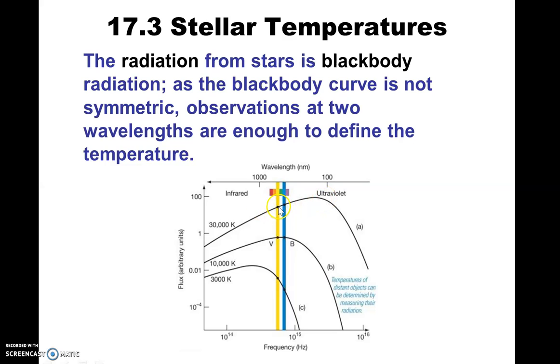It's much simpler to just filter the light, the visible filter and the violet filter, and then use that to give you what this curve will be. All right, so anyhow, we already talked about that. So that's what we do in general.